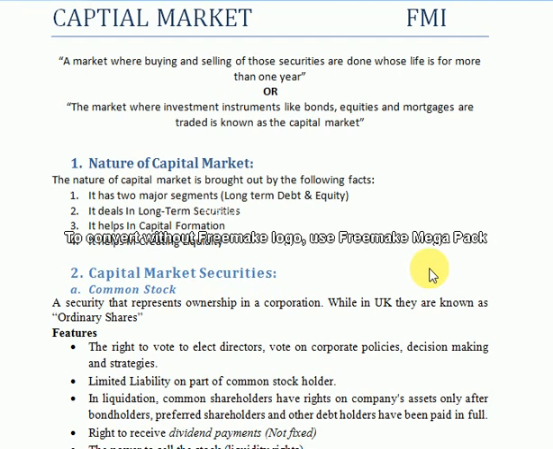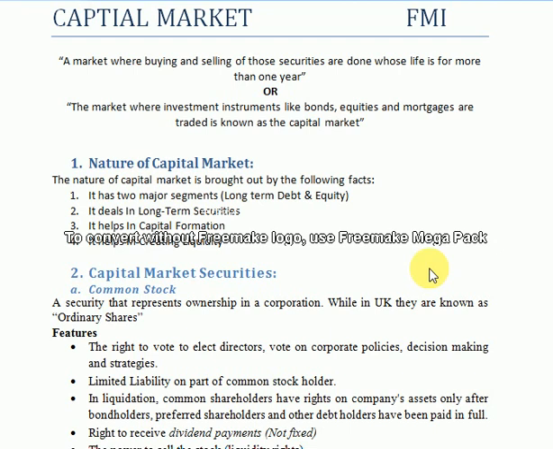It also provides suitable interest rate returns to investors. Instruments, that is securities such as bonds, equities, units of mutual funds, insurance policies, etc., definitely provide diverse investment avenues to the public or to the investors.